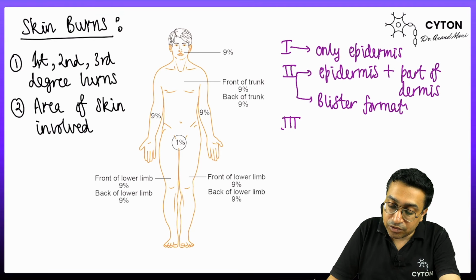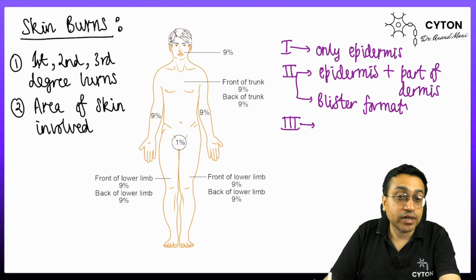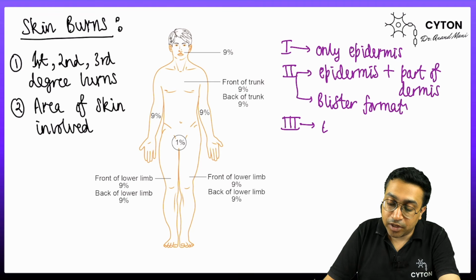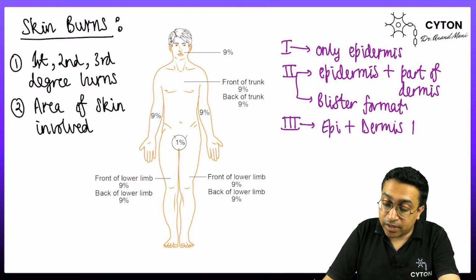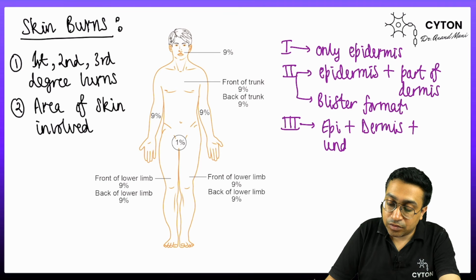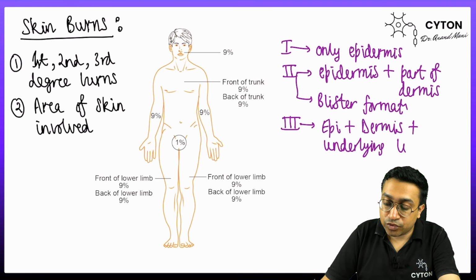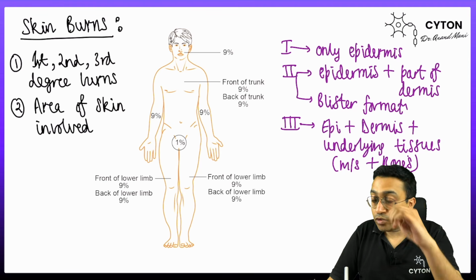Number three, third degree burn is involving epidermis plus dermis plus the underlying tissues. Now underlying tissues involves the muscles plus bones. It can lead to bone charring also.